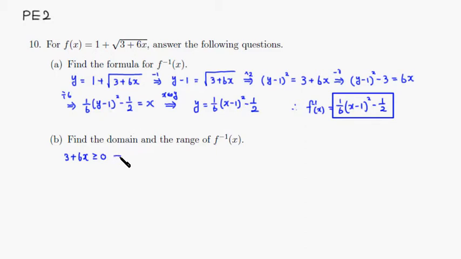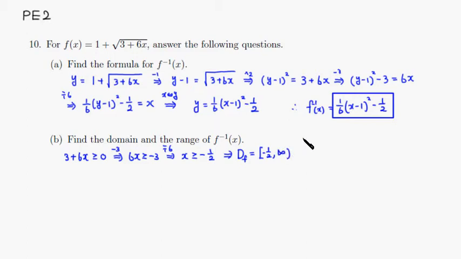So if you solve that, subtract 3, you get 6x has to be greater than or equal to -3. Then divide through by 6, and you get x has to be greater than or equal to -1/2. So this tells you that the domain of the original function is -1/2 and up.